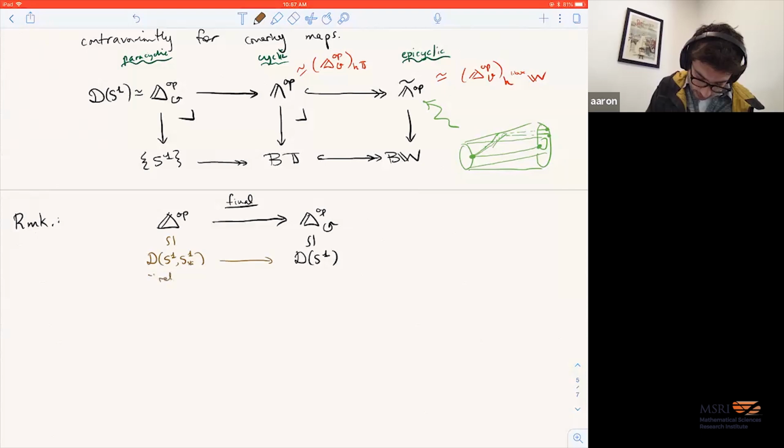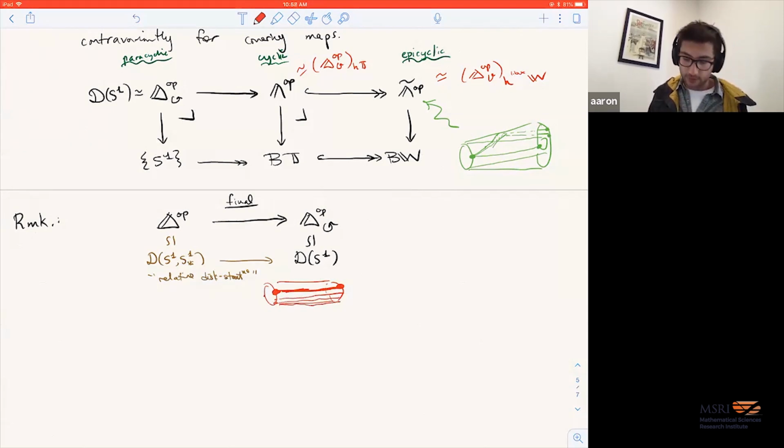So this is like relative disk stratifications. So it's disk stratifications of the circle relative to some fixed disk stratification. So rather than define it precisely, let me just indicate there's like some dot that's very fixed that you're never allowed to move.